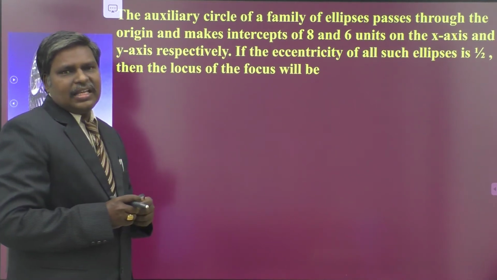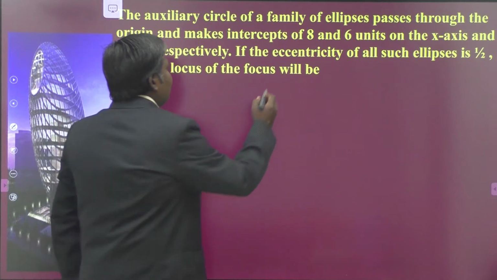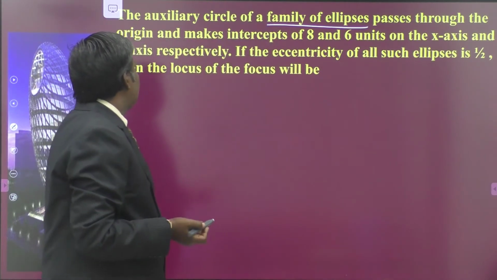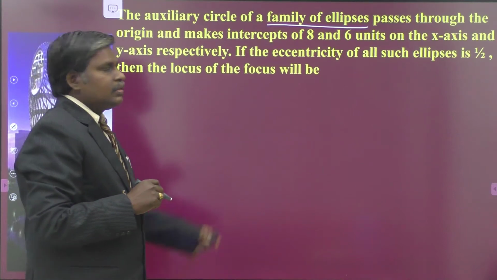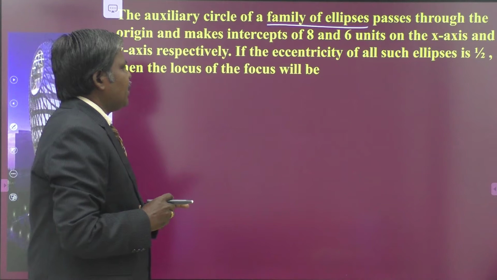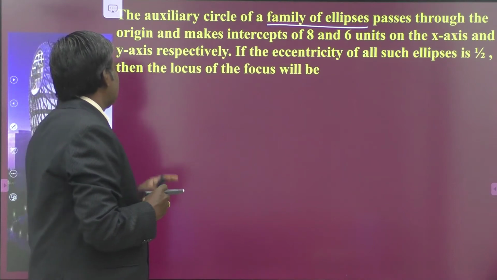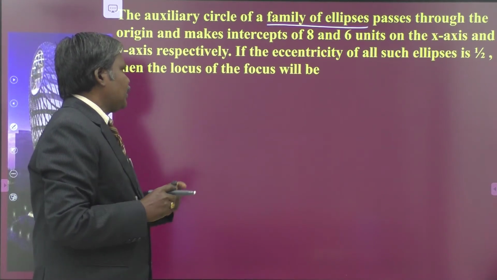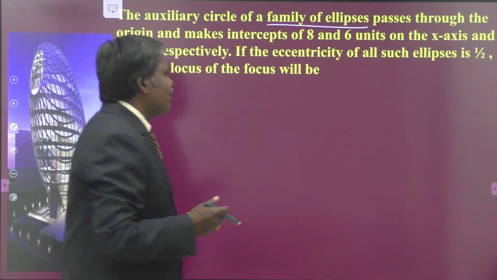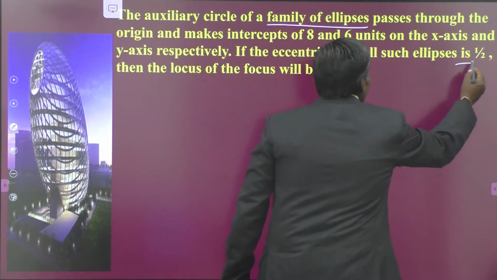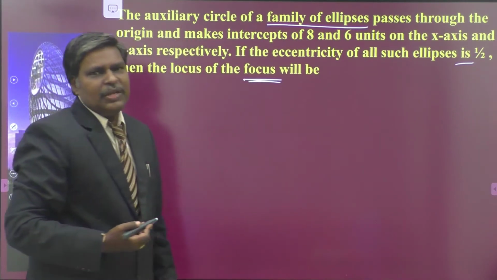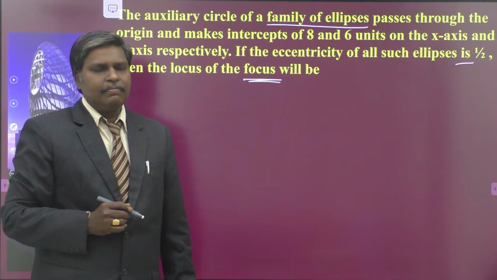The auxiliary circle is fixed here for a family of ellipses. If the eccentricity of all such ellipses is 1 by 2, then we have to find out the locus of the focus of the ellipses, what they are asking.